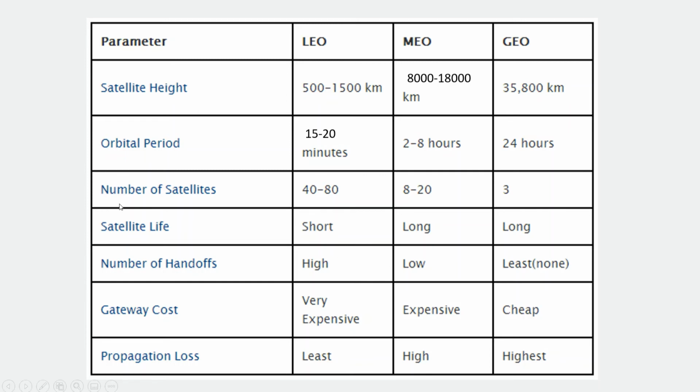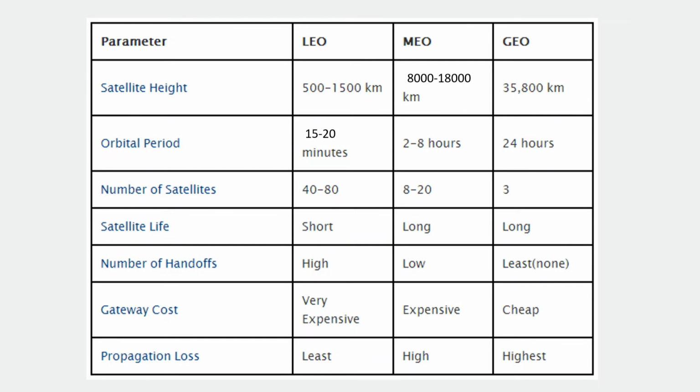And the number of handoffs also depends on the number of satellites. As the number of satellites is more, we require many handoffs from one satellite to another, as the footprint or coverage area of one satellite is very small. So when it is moving to another, it should move its subscribers to the next satellite to give less interruption to the subscriber.